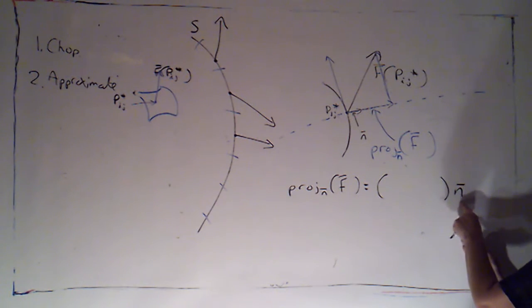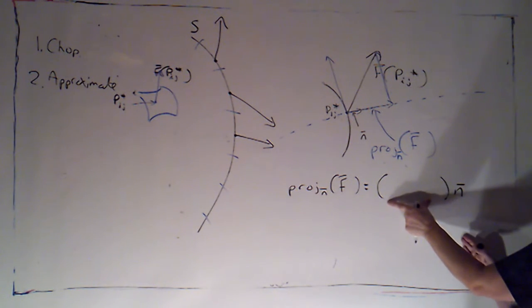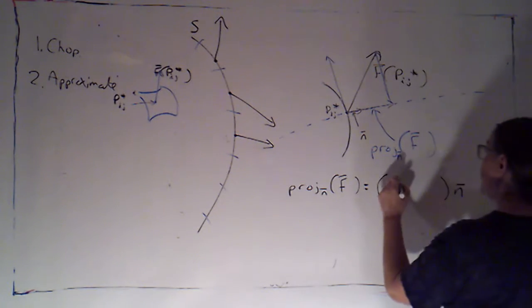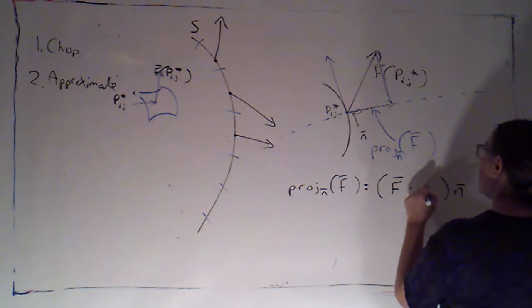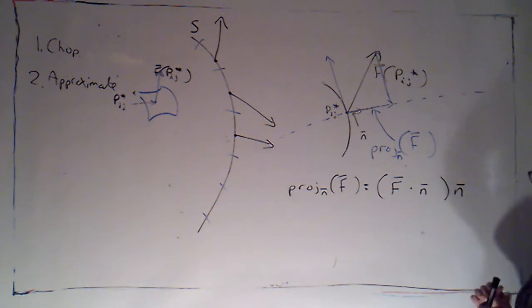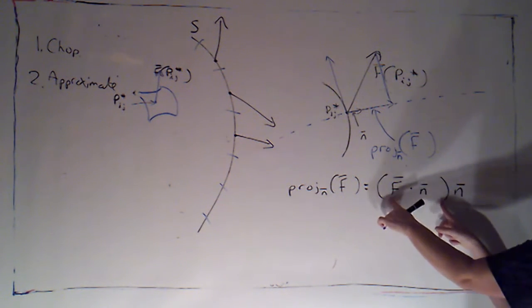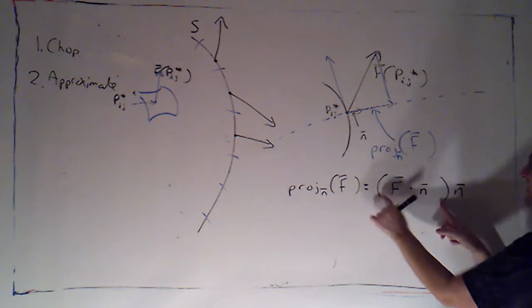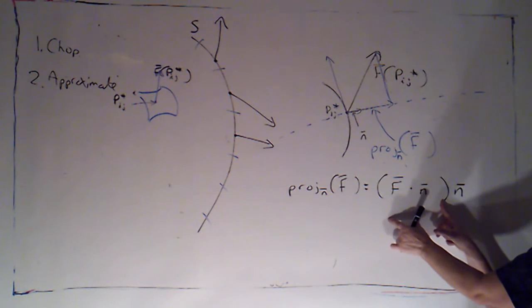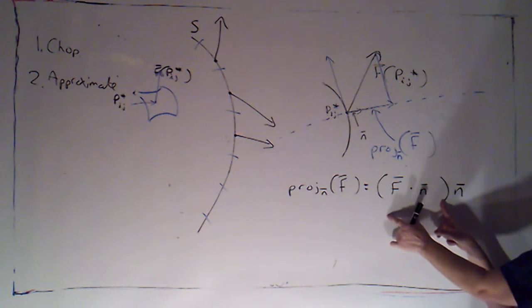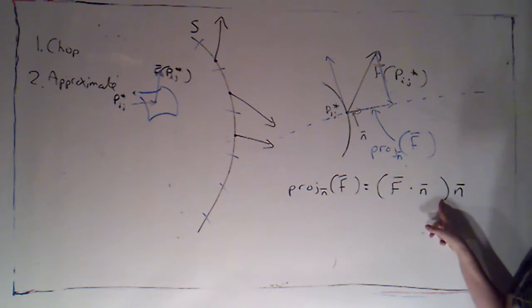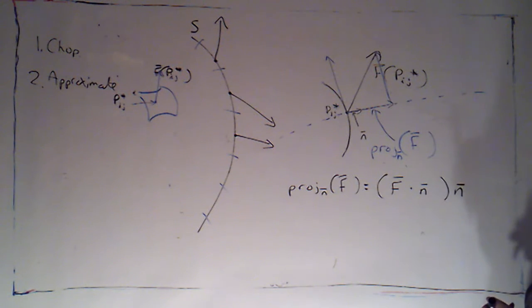But because it's a unit vector, the formula for what I get here is fairly simple. It's just F dotted with N. If N wasn't a unit vector, this coefficient would be more complicated. I'd have a fraction, and on the bottom I'd have N dotted with itself. Since N is a unit vector and N dotted with itself is just the magnitude squared, that would just be 1 in this case. Okay.